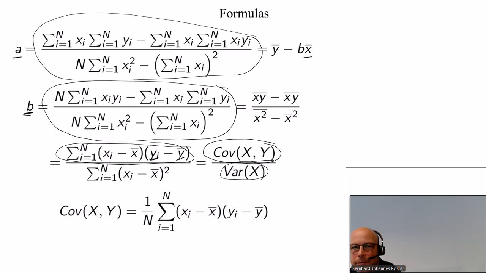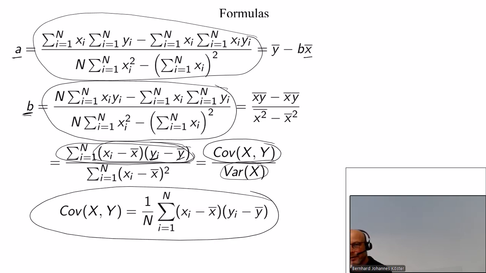Maybe we will see the term covariance somewhere later on. Covariance is just defined as the product of both linear differences of x and y, as we have done it here below.